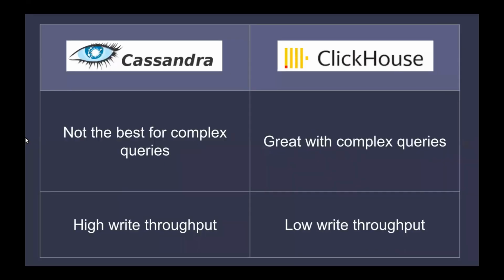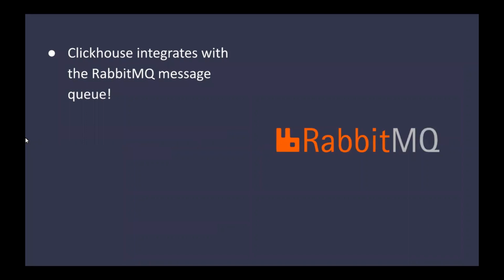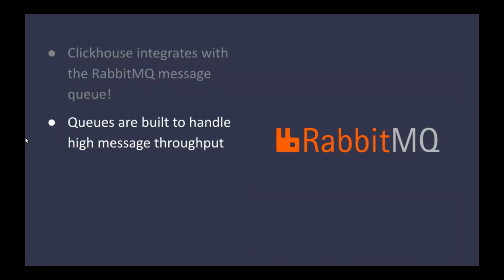To recap, we needed a database that could handle complicated queries in a high write throughput. And it looked like out of the two column-oriented options we explored, we weren't going to find exactly what we needed. At least until a little rabbit entered from stage left. It turns out that ClickHouse integrates with the RabbitMQ message queue.